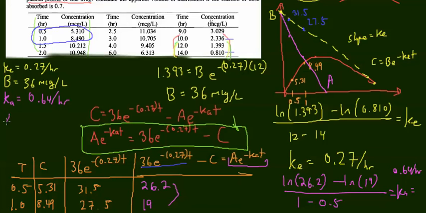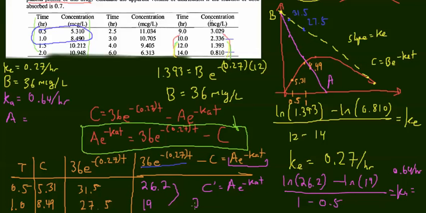So Ka is 0.64 per hour. And now we can find A using the same thing. So we just plug in, we'll say C, let's say C prime. C prime is equal to, we have Ka, so let's plug in 26.2.